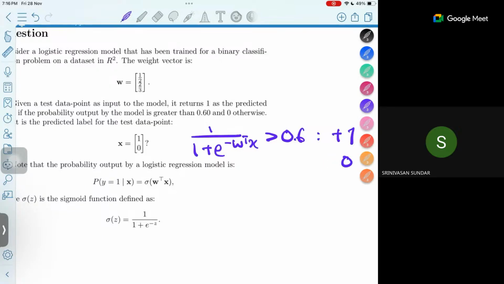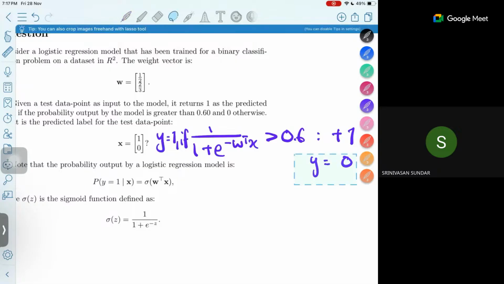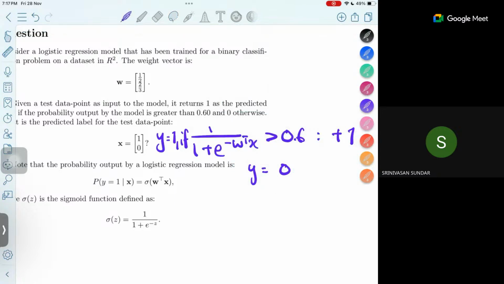That is, y is equal to 1 if this condition is satisfied, and y is equal to 0 otherwise. So this is our classification condition.